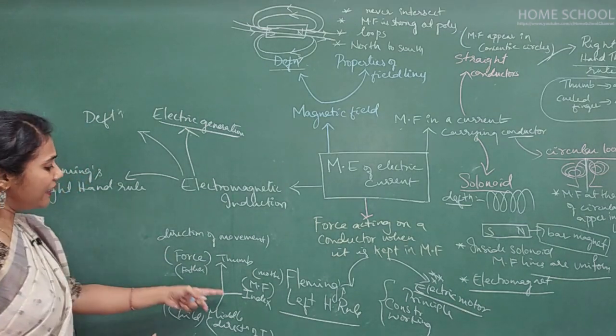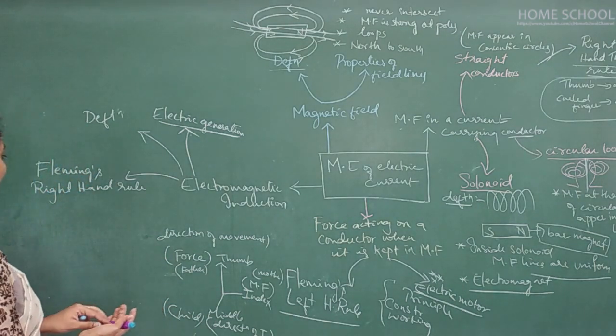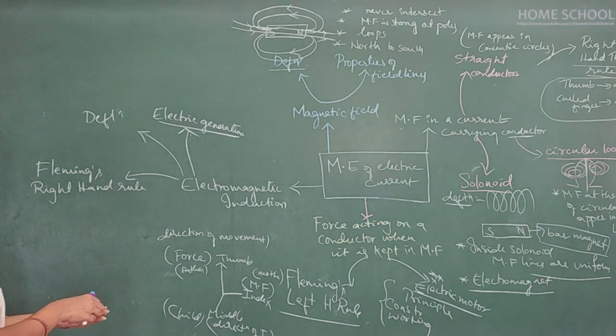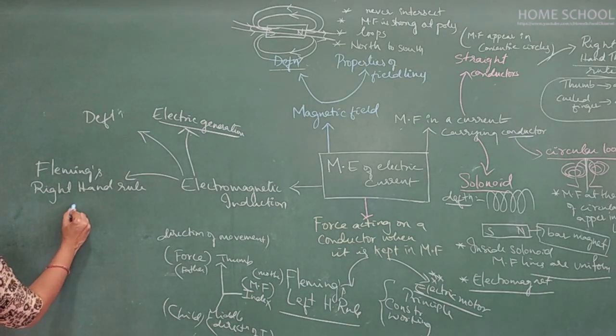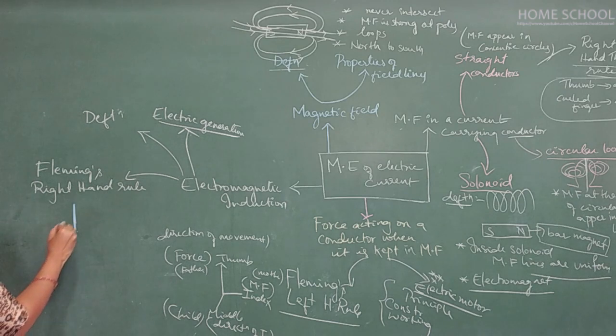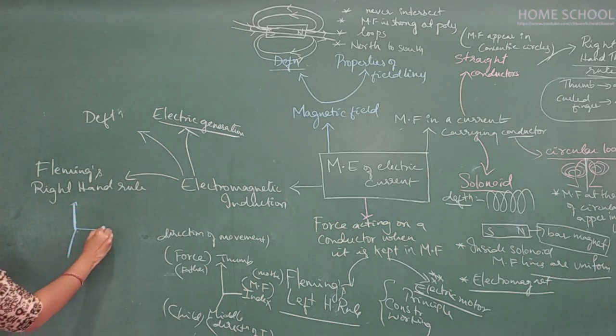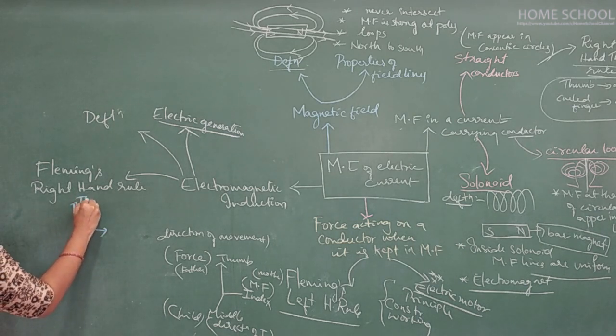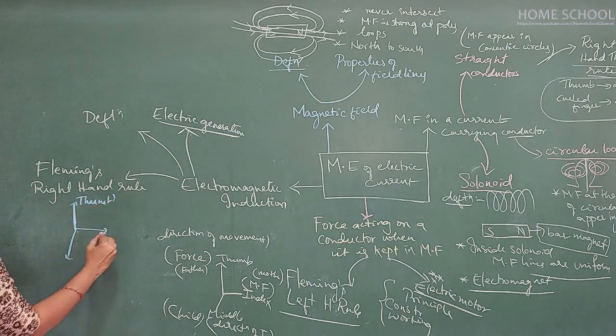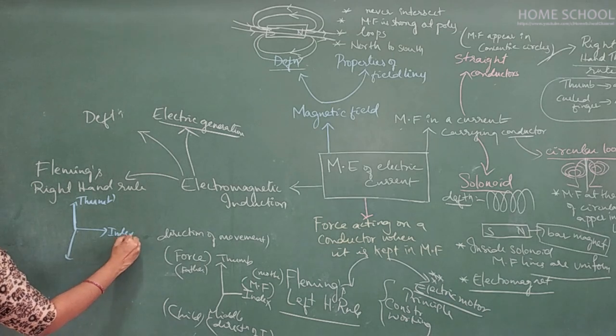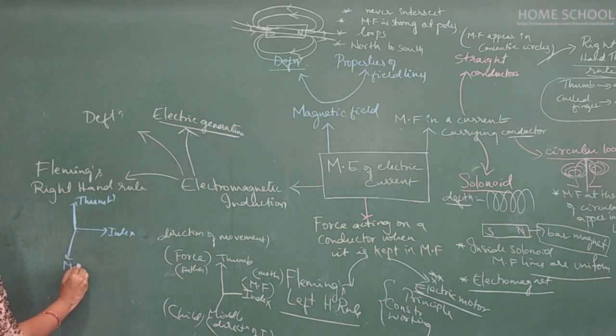So the definition is important. And later, you have a famous rule, Fleming's right hand rule. Just like Fleming's left hand rule, there is Fleming's right hand rule. You have to take the right hand and stretch the three fingers as far as possible. This is your thumb, this is your index finger, and this is your middle finger.